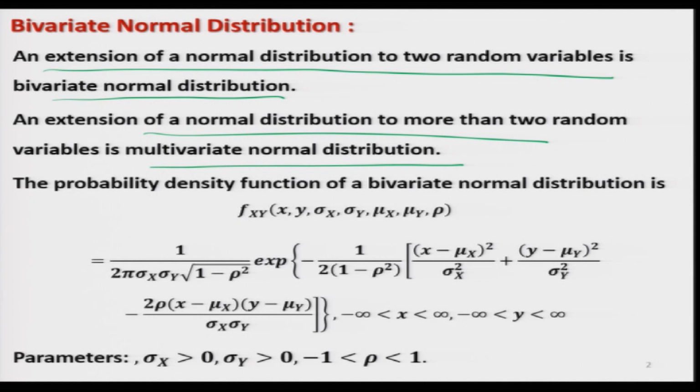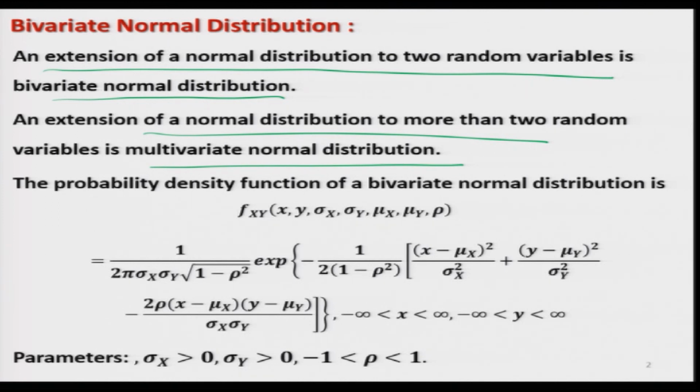Now, if you recall the univariate normal distribution, there were two parameters, one was the mean and another was the variance. So now you can think about what the possible parameters of a bivariate normal distribution can be. Obviously, there are going to be two random variables and they have their own properties in terms of parameters.